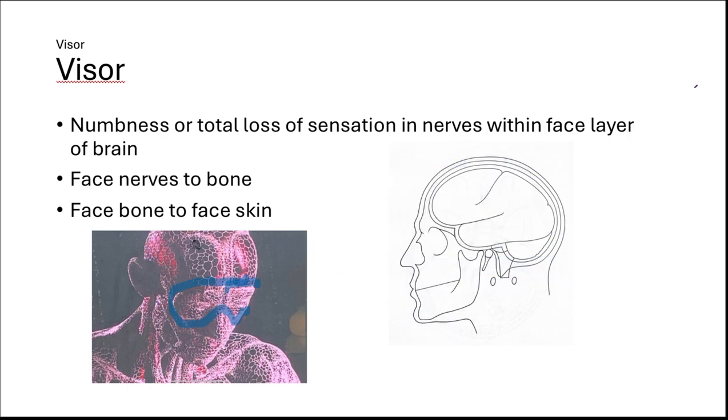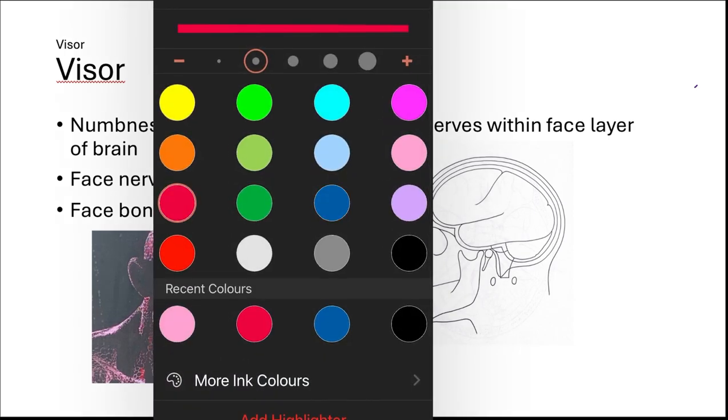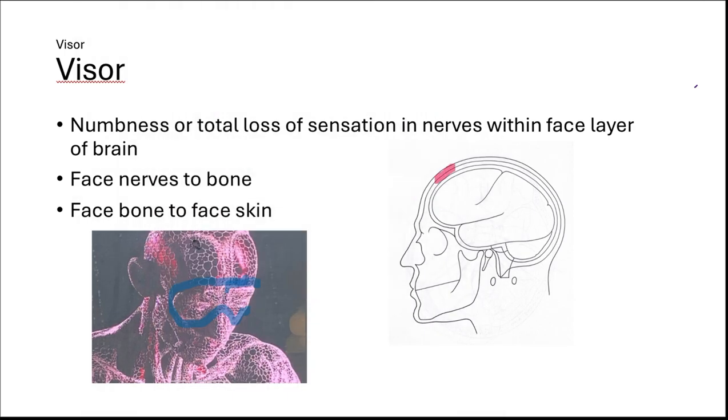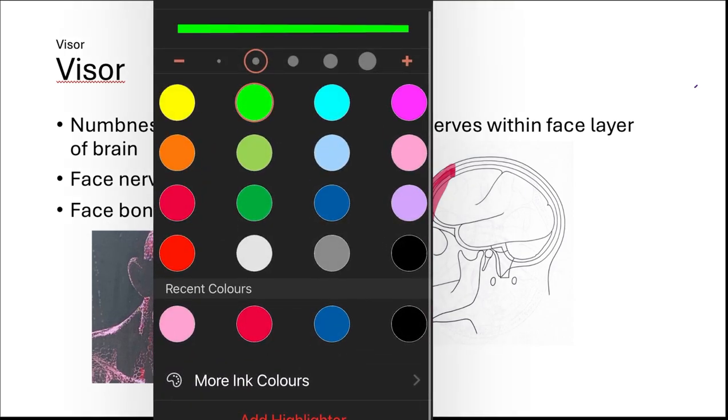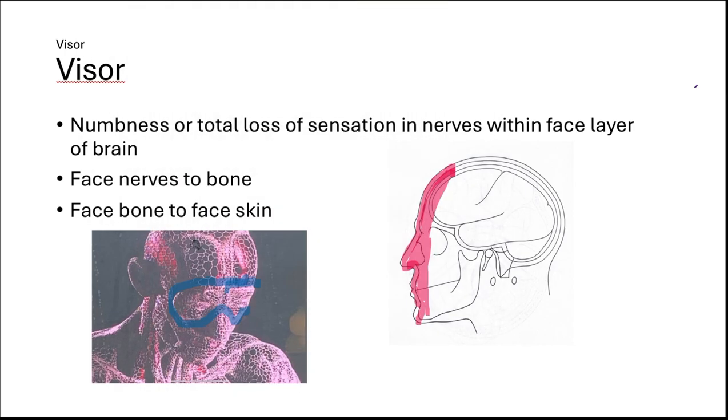Sorry, it's that this growth, I'll put it in the red. This growth is on the outside here, and it's being programmed. And then the connective area, the face nerves to the bone, it feels like it's been disconnected.